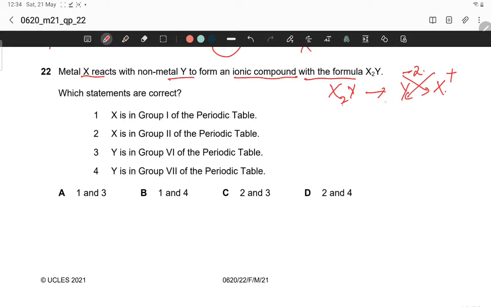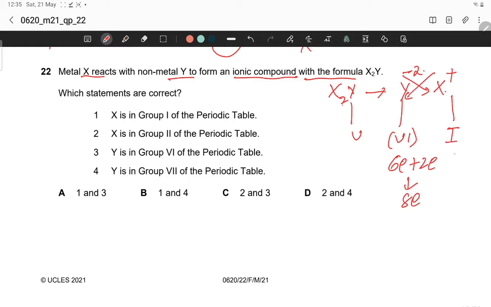So it means if Y gains 2 electrons, it is present in group 6. Y is present in group 6 because valence shell has 6 electrons. 2 more electrons are added, going to 8 electrons, so minus 2. And if X carrying plus 1, it means it is present in group 1.